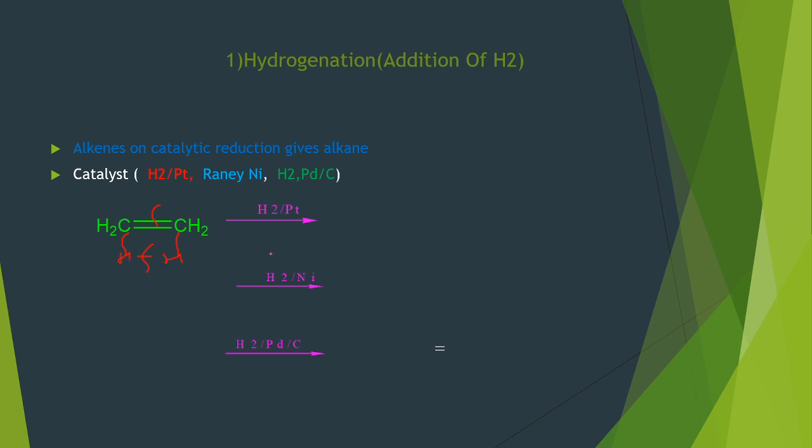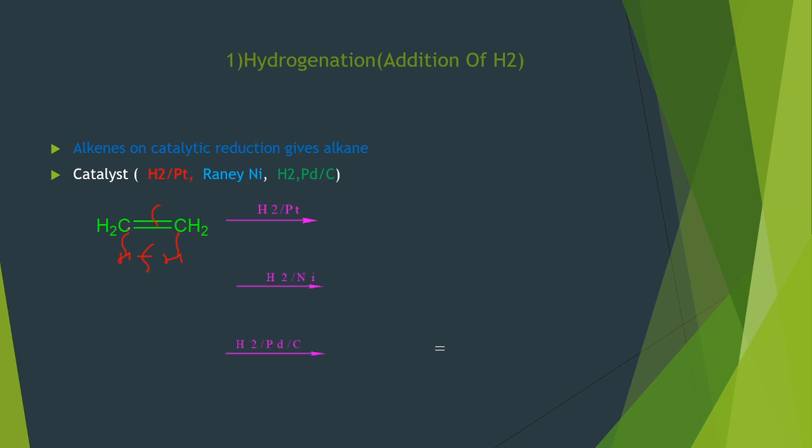So what is the product? What will be the product here? Now look at this carbon atom. It already has 2 hydrogen atoms. Also this carbon already has 2 hydrogen atoms.